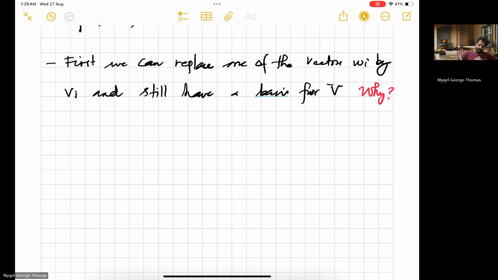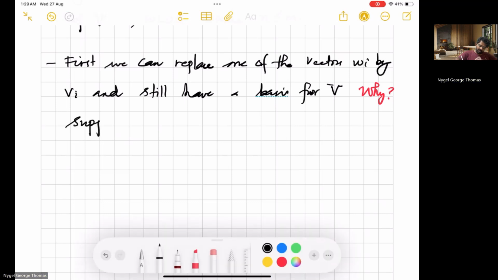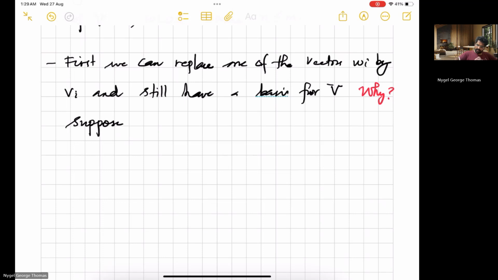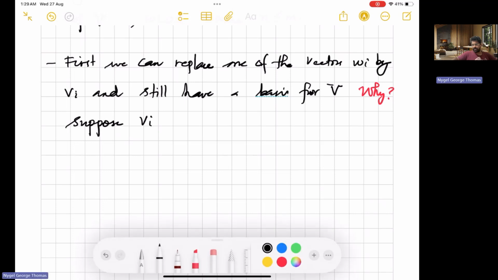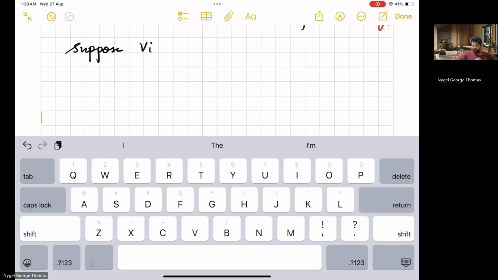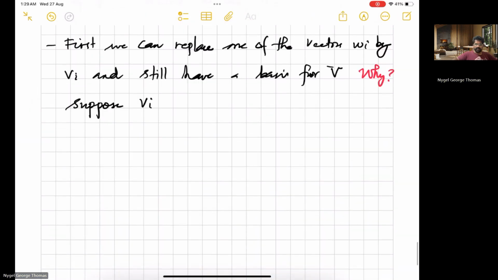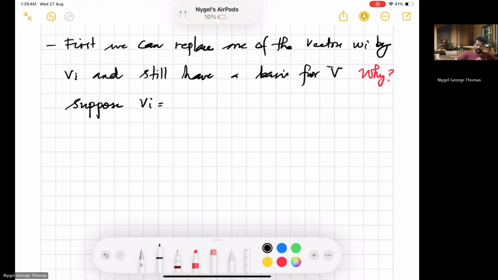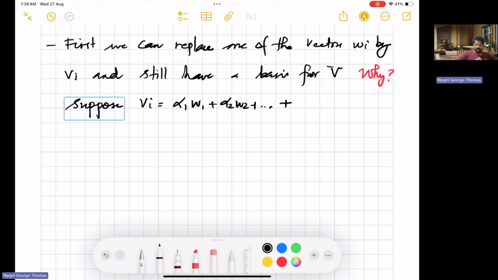Suppose v1 is one of the vectors of the basis. Then v1 can be expressed as alpha 1 w1 plus alpha 2 w2 plus etc. plus alpha m wm.